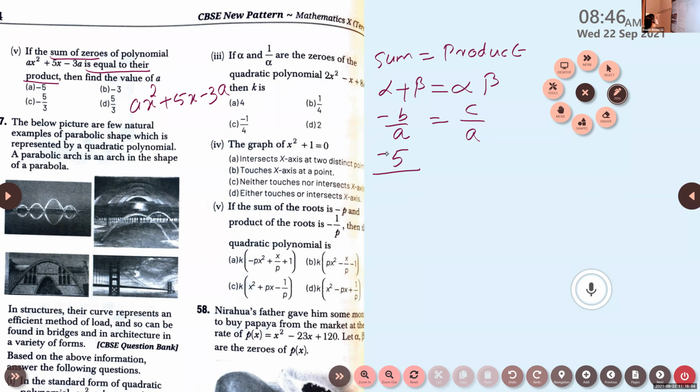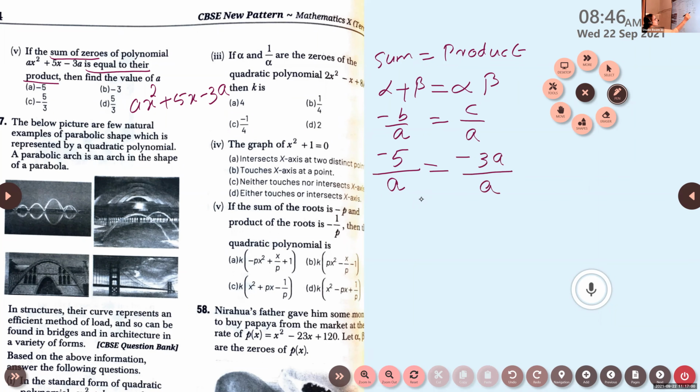What is a here? a is a itself. It's the coefficient of x square. Minus 5 by a equal to c by a. c is negative 3a, and negative 3a by a is negative 3.